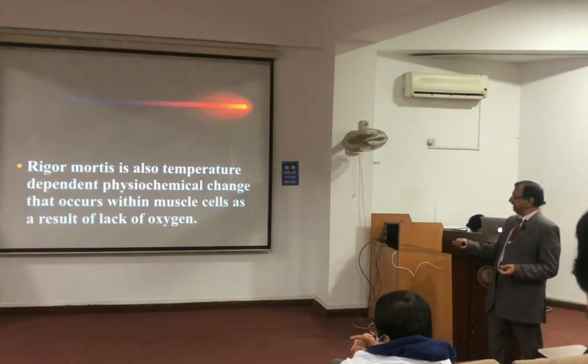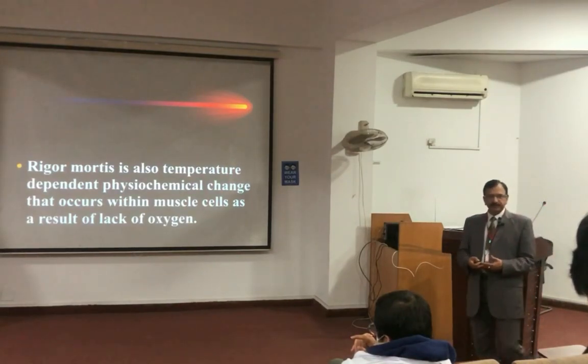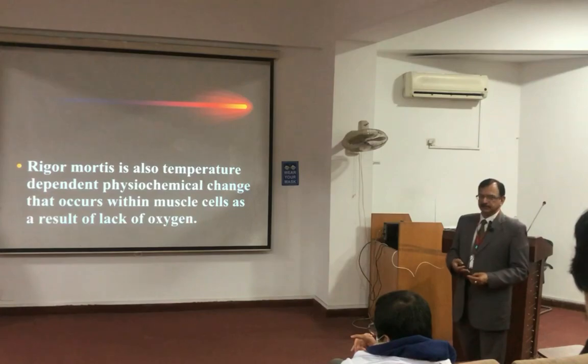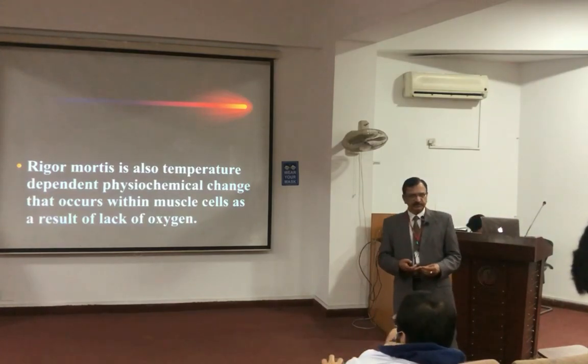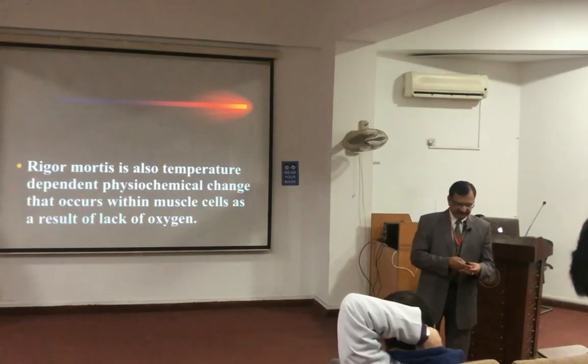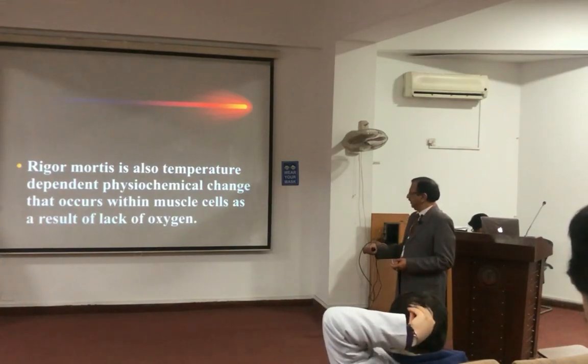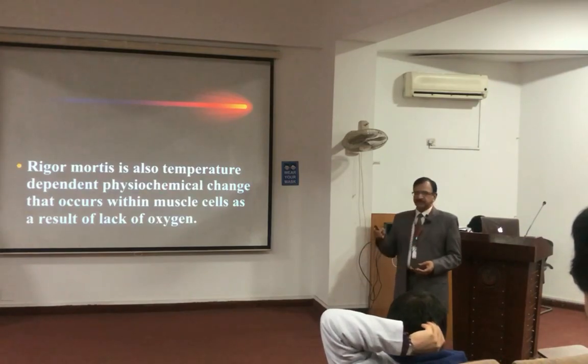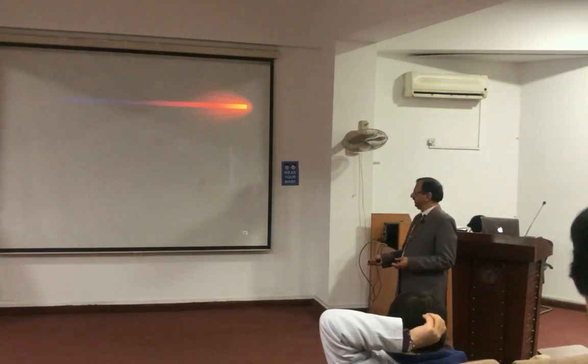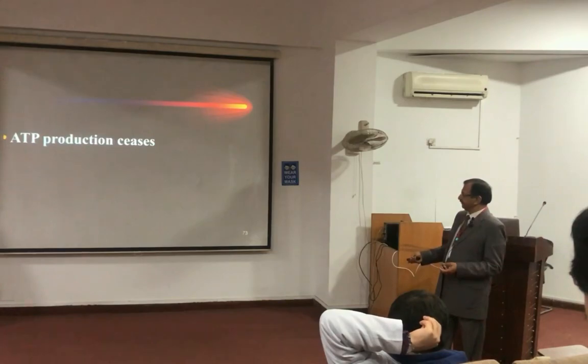So we discussed that optimum temperature is required for the normal physiology and maintenance of ATP production or any other process, but after death the temperature starts falling because of the loss of heat.